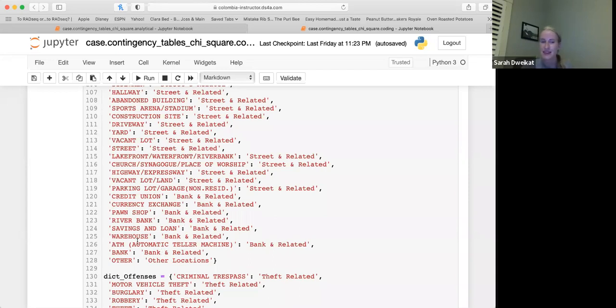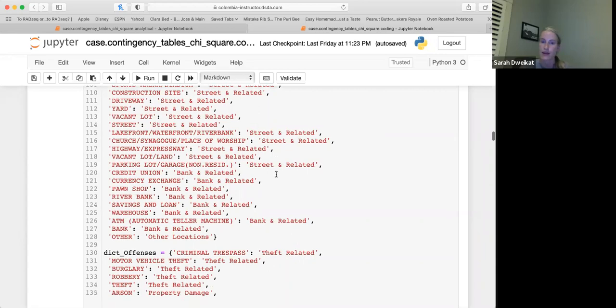You would need to find things in common in the words to tell Python, put everything that has this particular word into bank and related, right? And it's kind of hard to do here because we have credit union, pawn shop, riverbank, savings and loan. Only one of those had bank in it. So a dictionary is a lot of text, but it is a way that you can get all of your categories the way that you want.